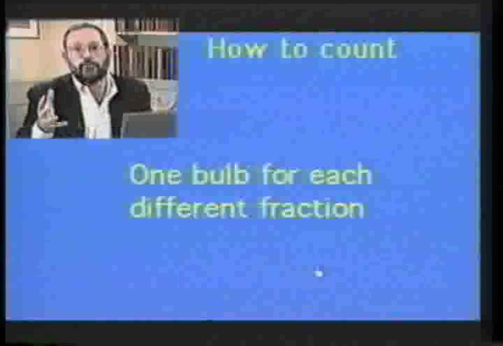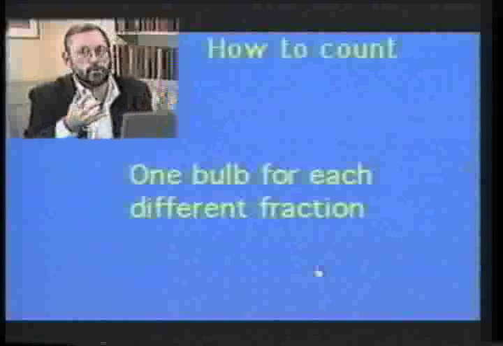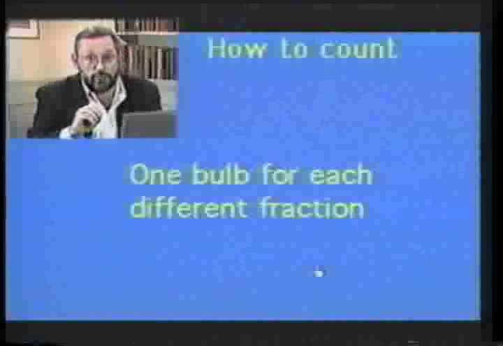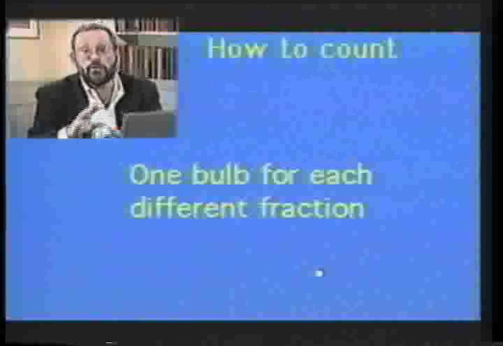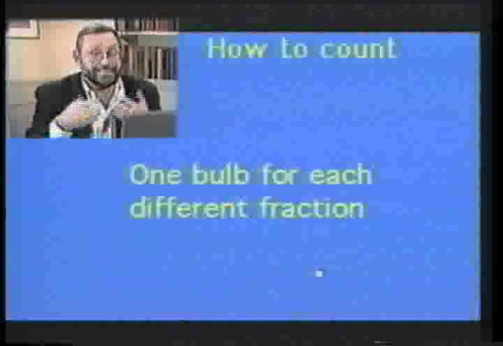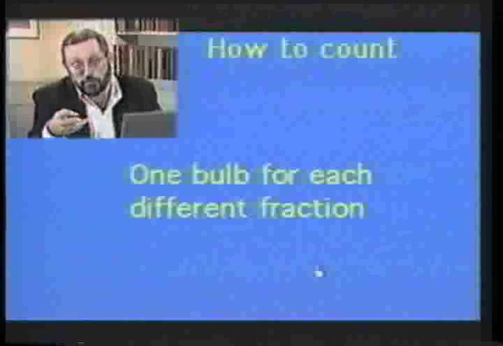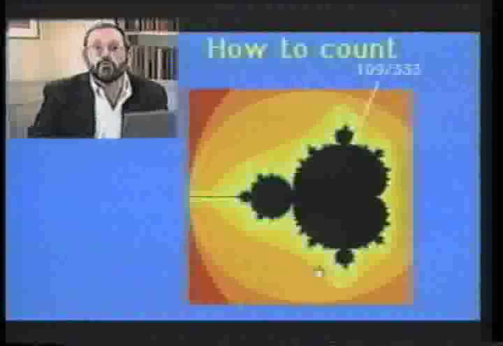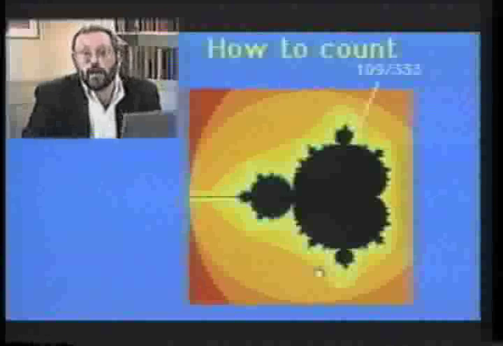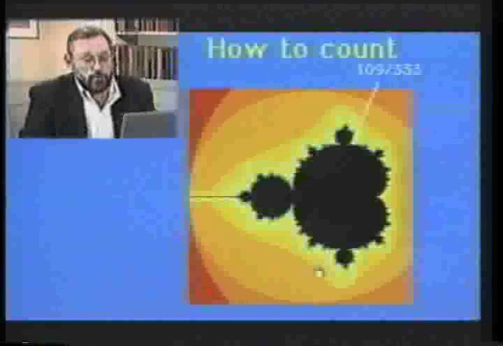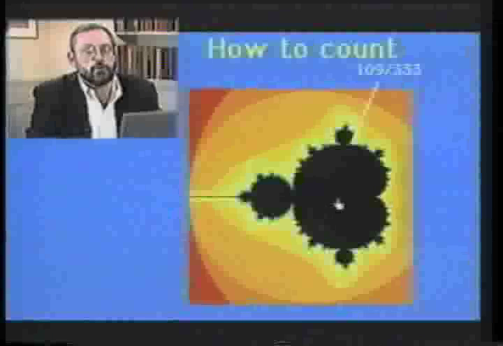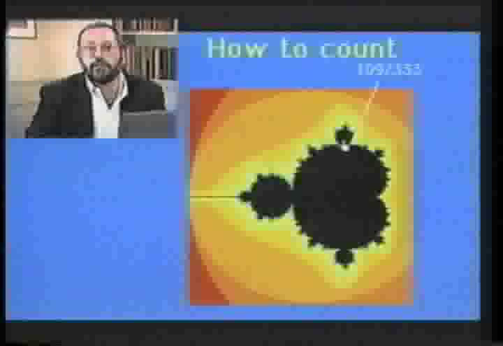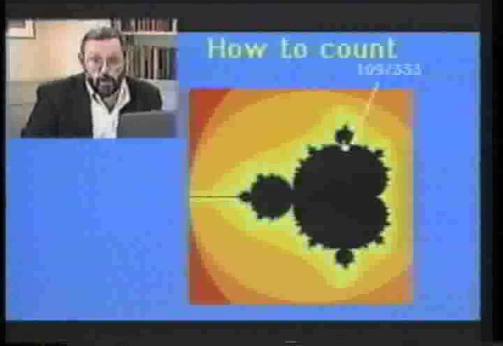If you give me any fraction in lowest terms, no matter what the numerator or denominator is, I can find a bulb that corresponds to that fraction, and moreover, the geometry of that bulb is exactly as we saw before, the number of spokes, the orbit of 0, etc. For example, if you give me the fraction 109 over 333, well, that's a number that's just less than 1/3, and we've seen that that's the 1/3 bulb.